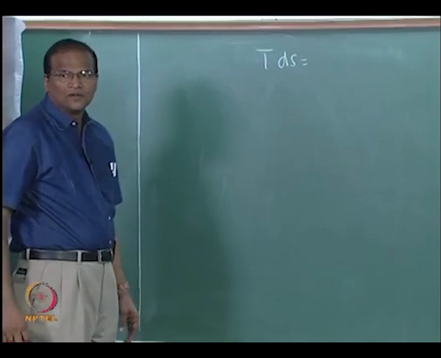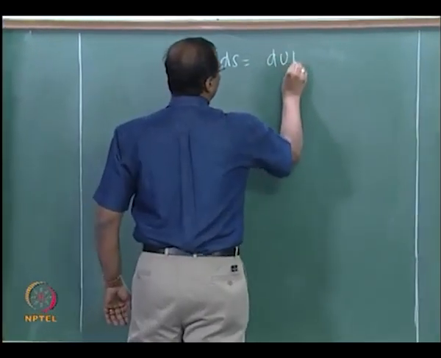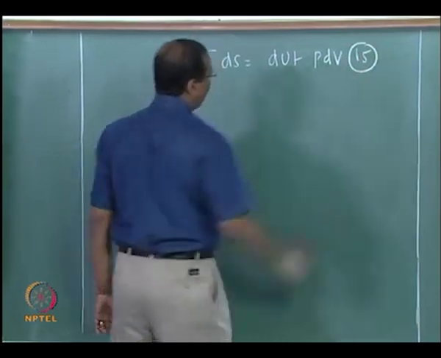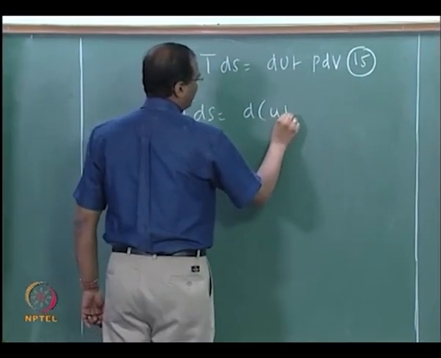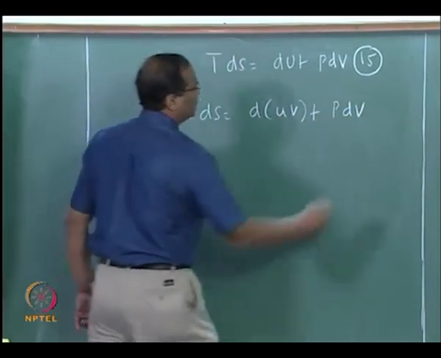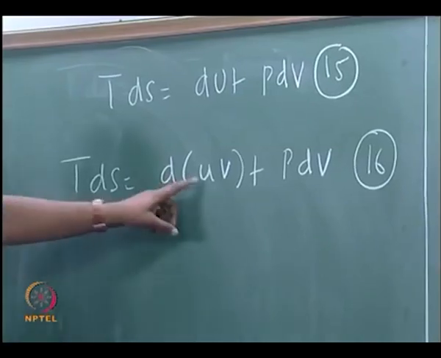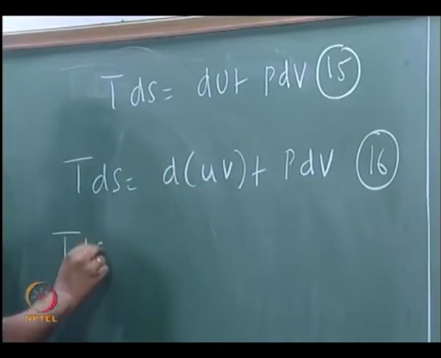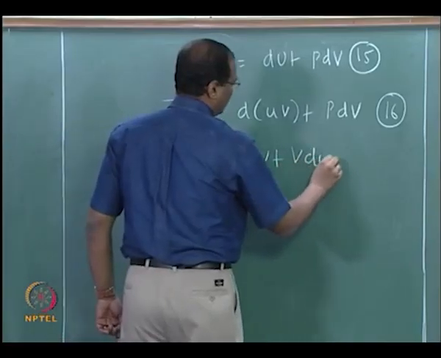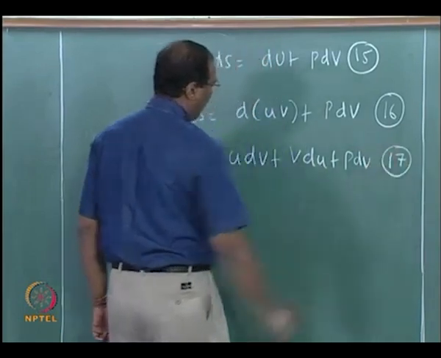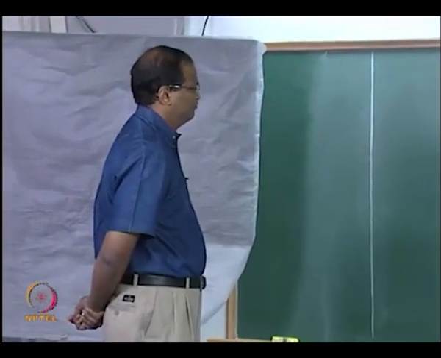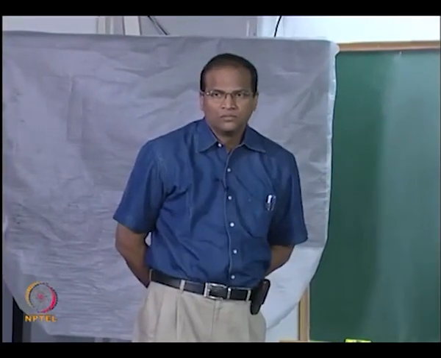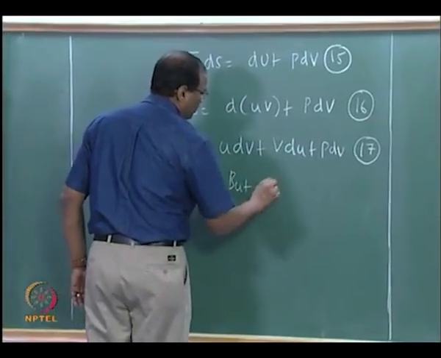is dU. You can put the numbers. I am expanding U as u into V. What is the relationship between P and u? But P equals u by 3.